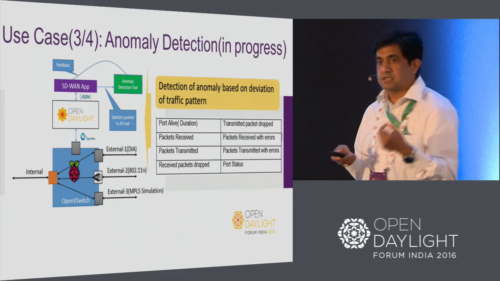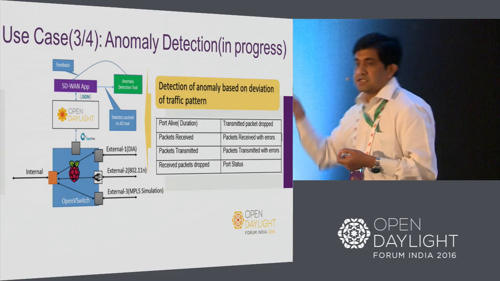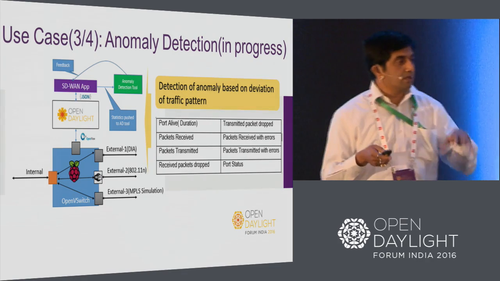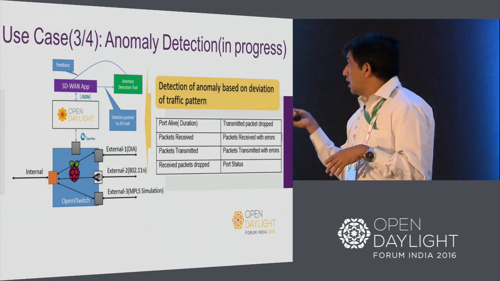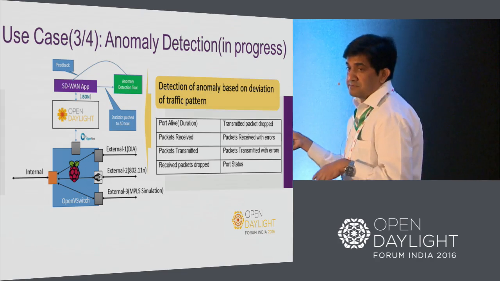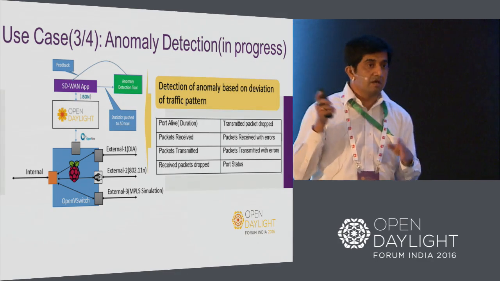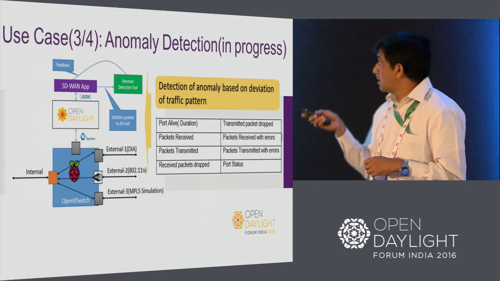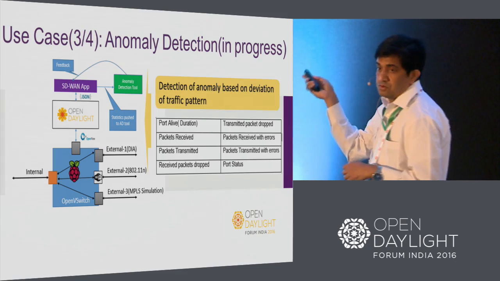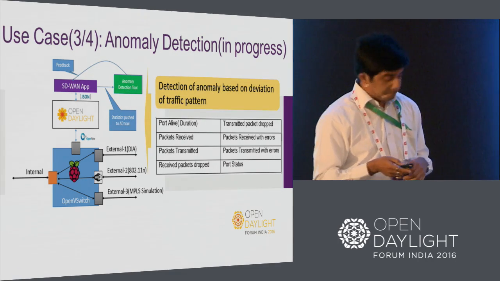Then this anomaly detection can give feedback to the SD-WAN app, and using that feedback, you can appropriately update the flow rules in the Raspberry Pi devices. This is a work in progress. We are currently able to send the configuration to the AD tool, and the feedback part we are now working on.